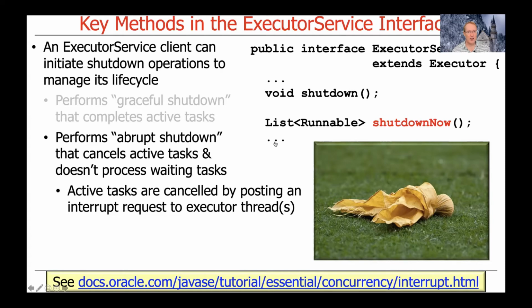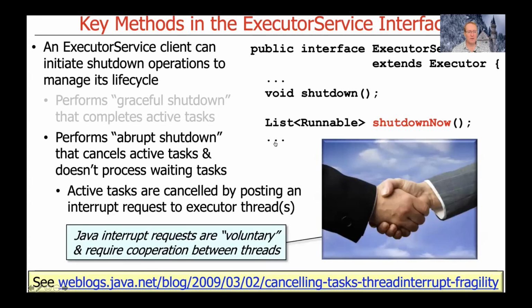And we'll talk later in more detail about how you can interrupt threads and cancel threads and so on. But the thing to remember is that canceling threads or canceling tasks is always voluntary in Java. There's no portable, acceptable way of abruptly shutting down threads. So even when you do shutdownNow, it still relies on voluntary cooperation on the part of the running threads to shut themselves down.